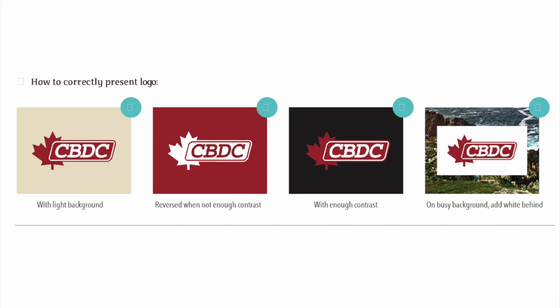For darker backgrounds, a white version of the logo with the red letters inside is more appropriate. If the contrast is high enough on a dark background, you can revert back to the red logo, but it does have to be legible. In images with complicated backgrounds, you can put a white box behind the logo to help with the contrast and make sure that the logo is legible.